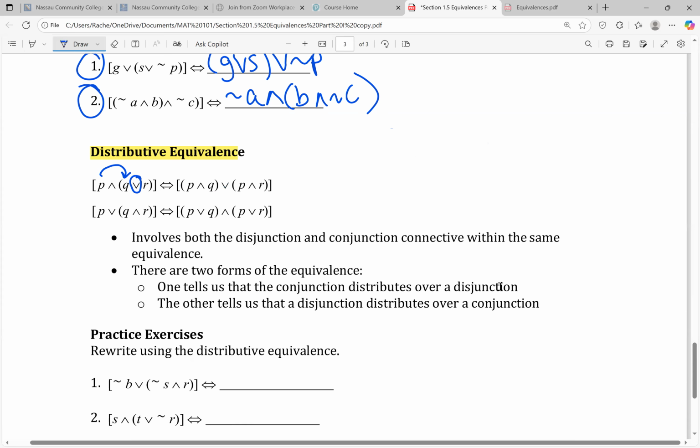So we're going to have P and Q, or now distribute the P and to the R. So we're going to have P and R.